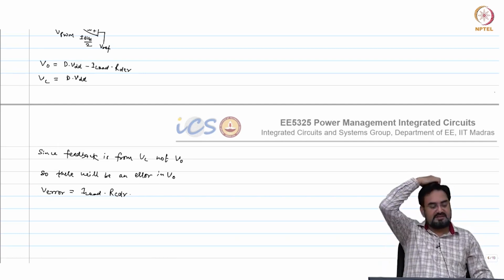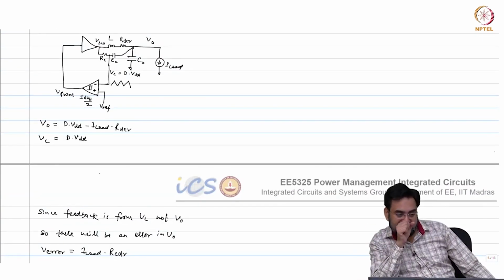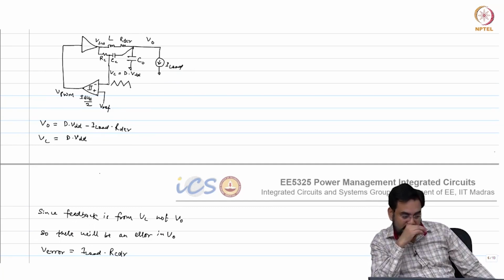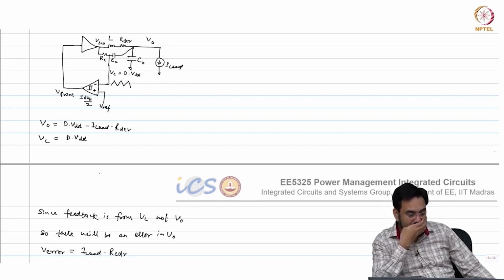Okay, so how do we fix this? How can I fix this? Somehow we can shift the ground level. Ground level of what? How will the ground level affect it?